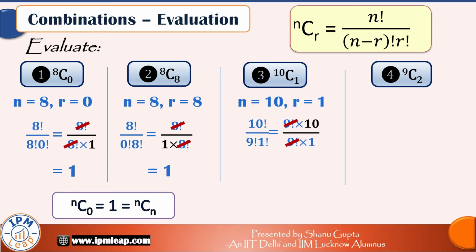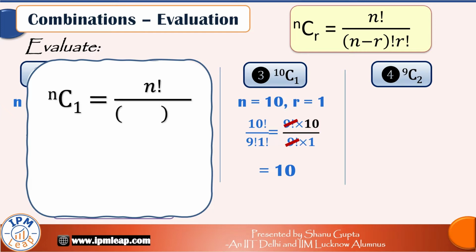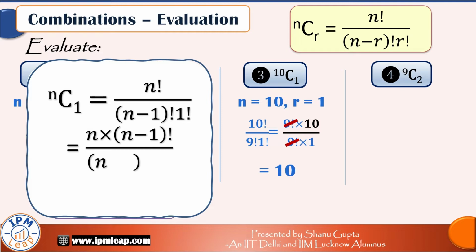And we see that 9 factorial gets cancelled in the numerator and denominator. The result is 10. In general, remember that nC1, the expression can always be simplified into n factorial over n minus 1 factorial into 1 factorial, and n minus 1 factorial gets cancelled in numerator and denominator, resulting in its value, which is n. nC1 is always equal to n.